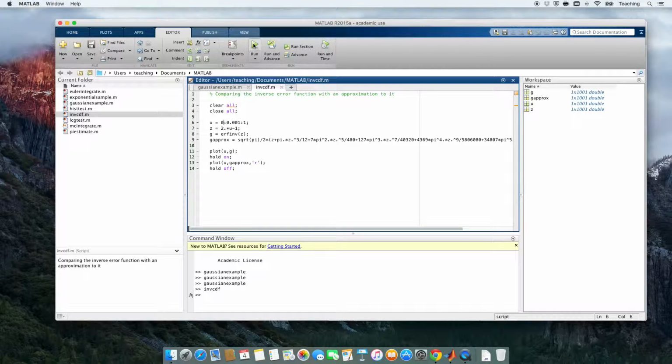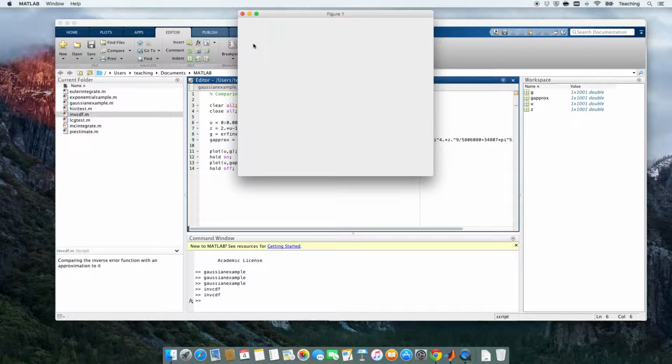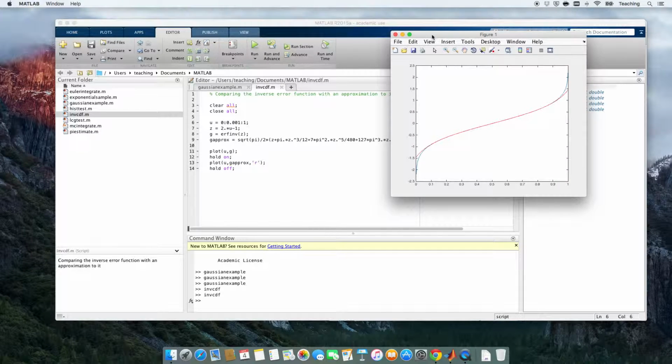So when I do that, and I compare the two of them together, you can see that in the central region, so this is my value from 0 to 1 on the horizontal axis, and these are where the samples are going to be generated.